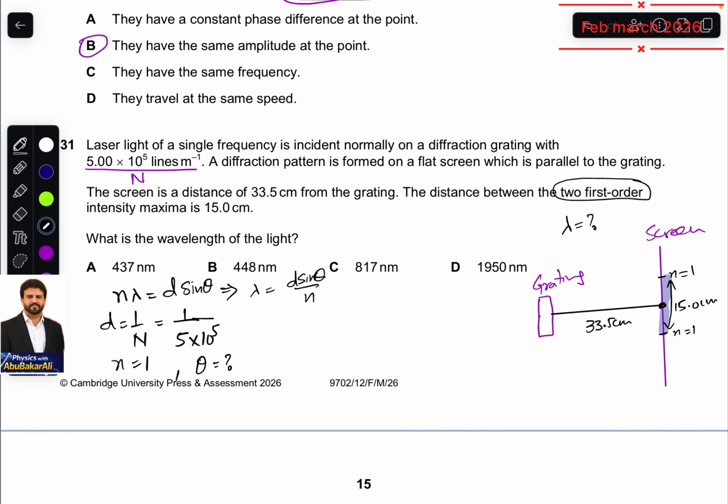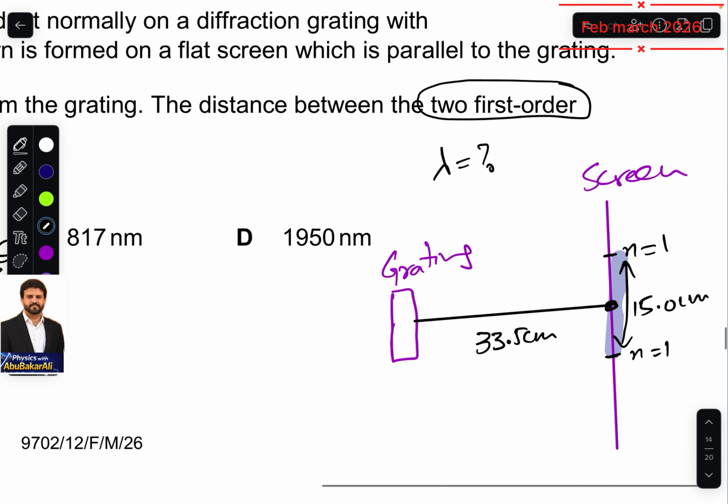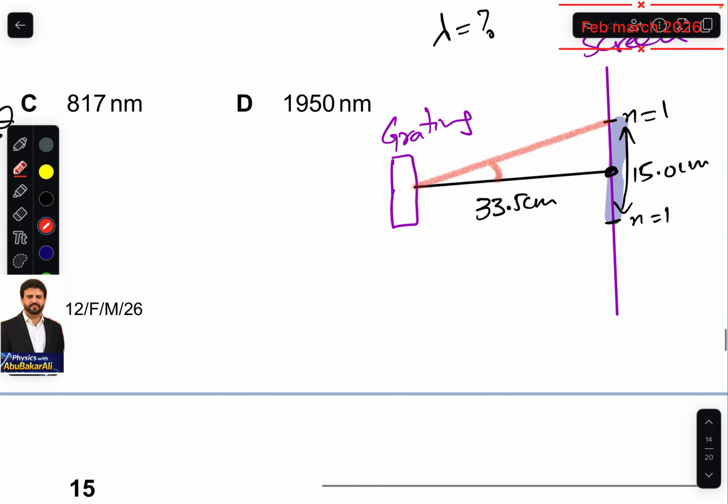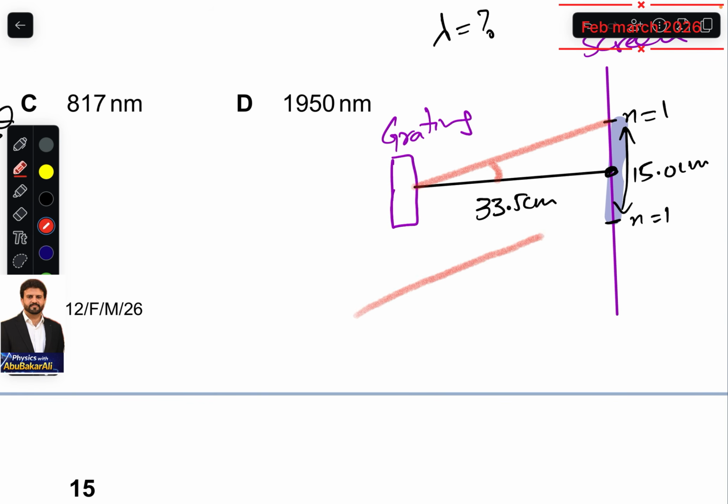Okay, what we are left with, we need theta. How can you find theta? For theta, you have these two lengths given. So what is theta? Basically, if you know the definition, theta is this angle. So I have a triangle, if you see.